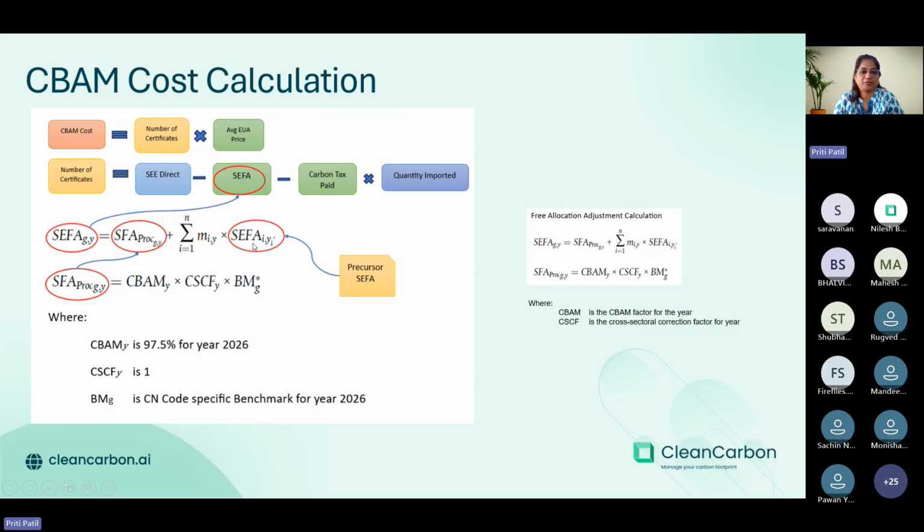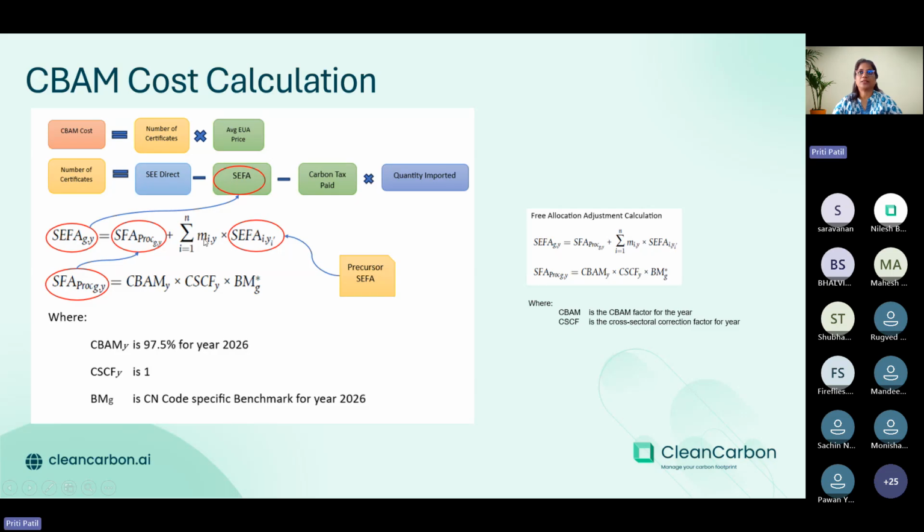For precursor CEFA, you need CBAM factor CSCF into precursors benchmark. So these two are the kind of constant for this year's calculation. So for this year, it will be 0.975. 0.975 into precursors benchmark will give you precursor CEFA.